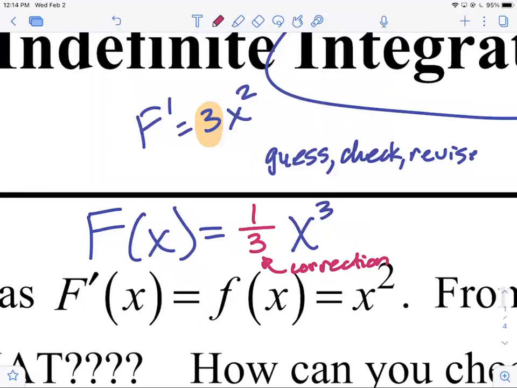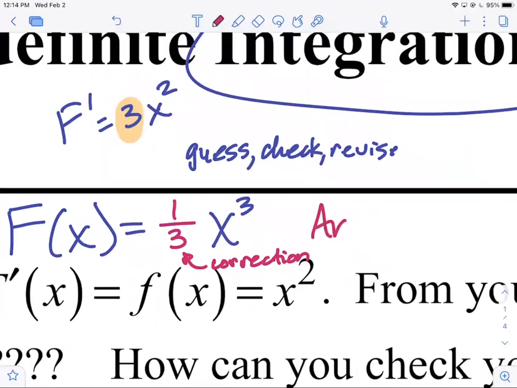It's kind of like when you're eating a plate of enchiladas and you get heartburn, the 1/3 would be like the antacid. They neutralize each other. So this right here is called an antiderivative of little f of x. That's an indefinite article, an antiderivative, not the antiderivative.